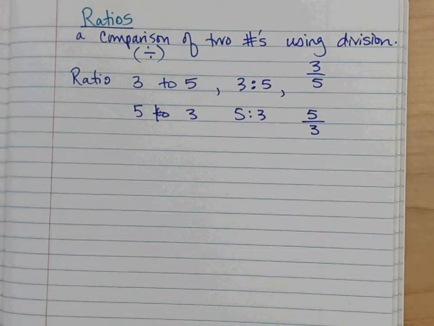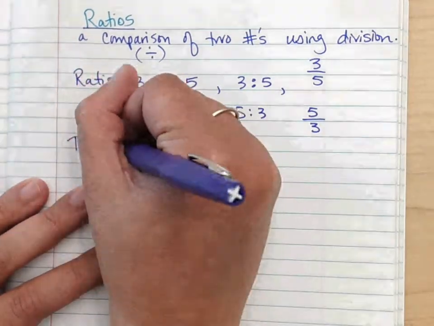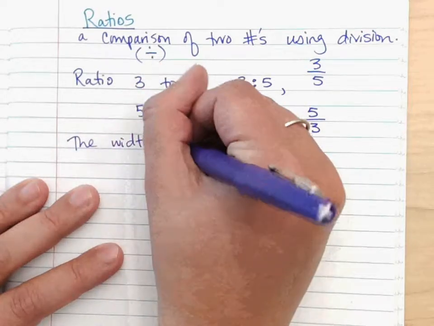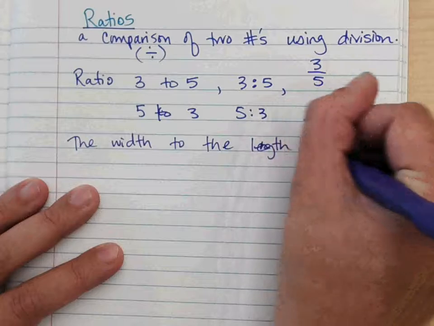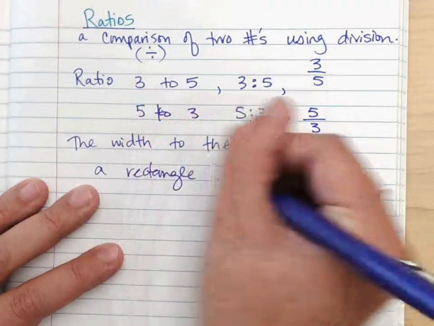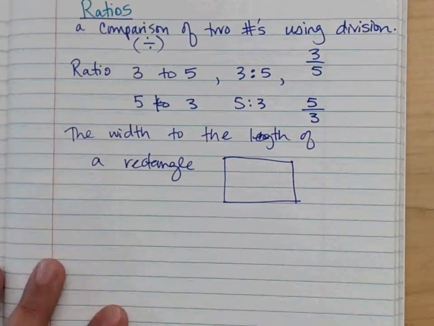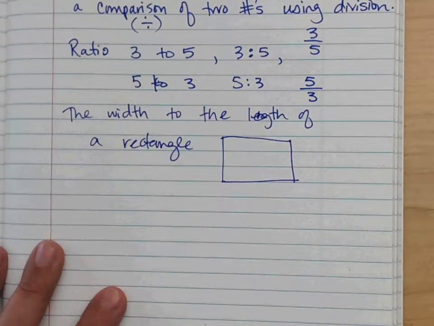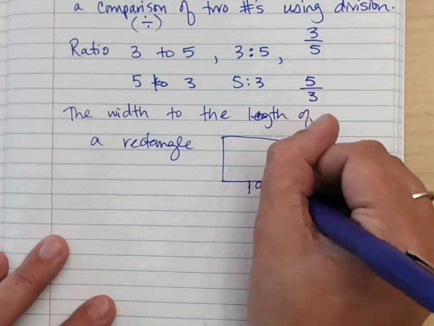So let's just think about this in terms of some context. If I want to compare the width to the length of a rectangle, and here's my rectangle, a beautiful drawing of a rectangle, okay, it is 7 centimeters to 19 centimeters.